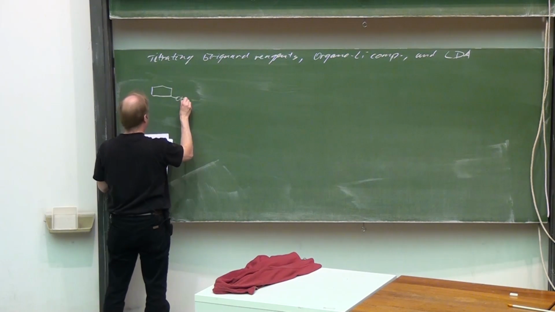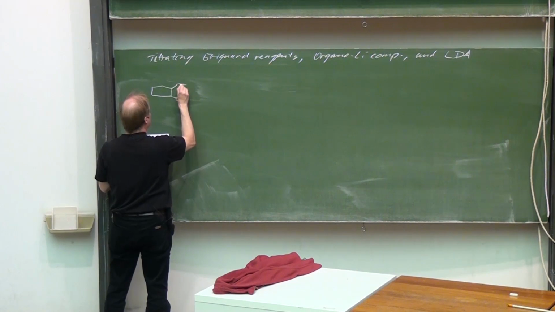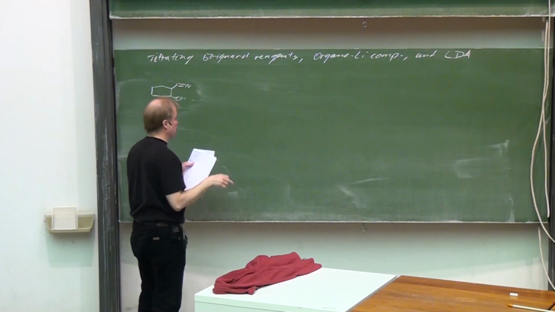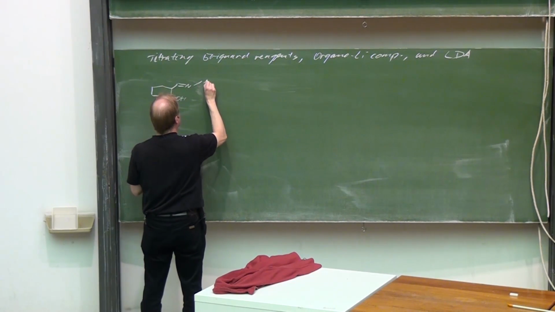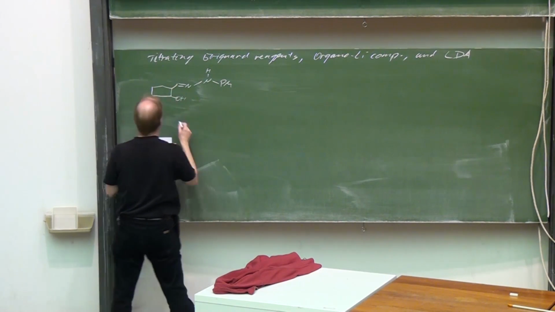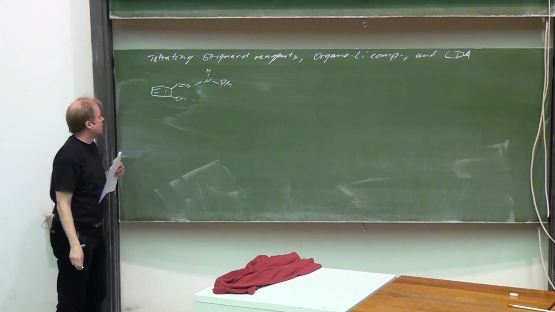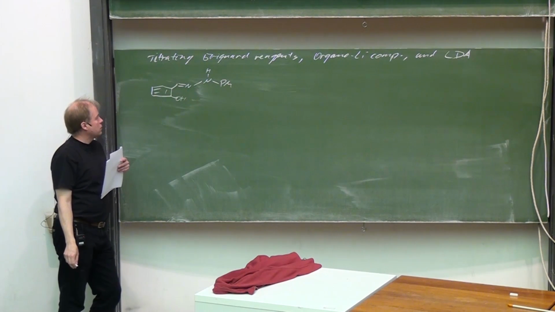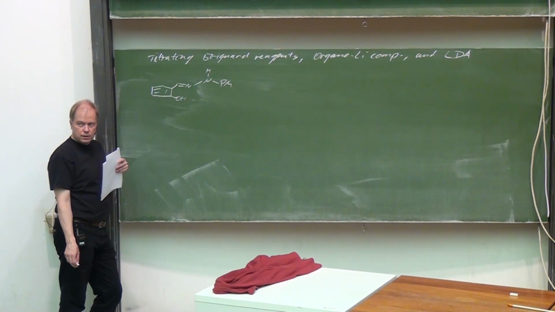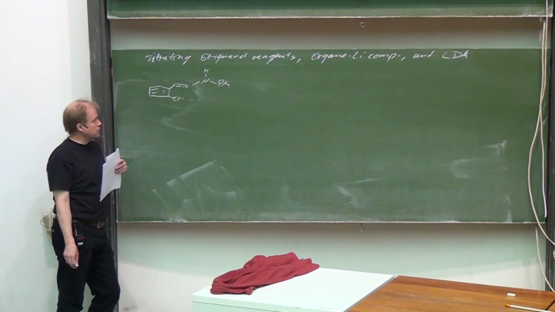One nice indicator which works for all of those Grignard reagents, organolithium compounds, and LDA is this one. You can easily synthesize this because it's simply the phenyl hydrazone of salicylic aldehyde. That's it.